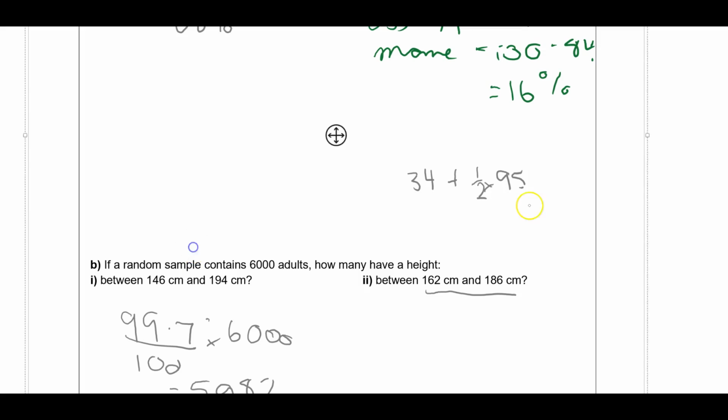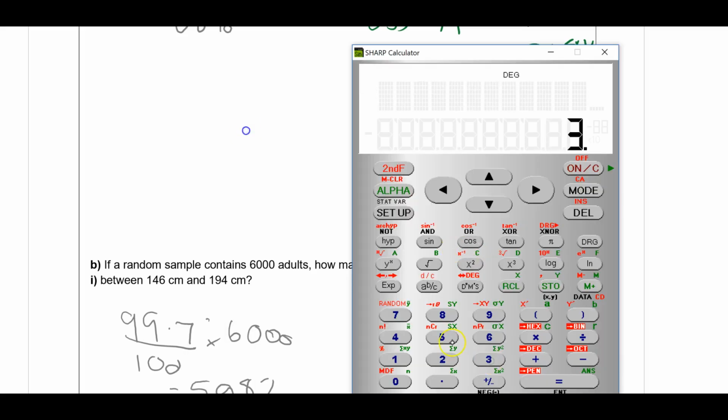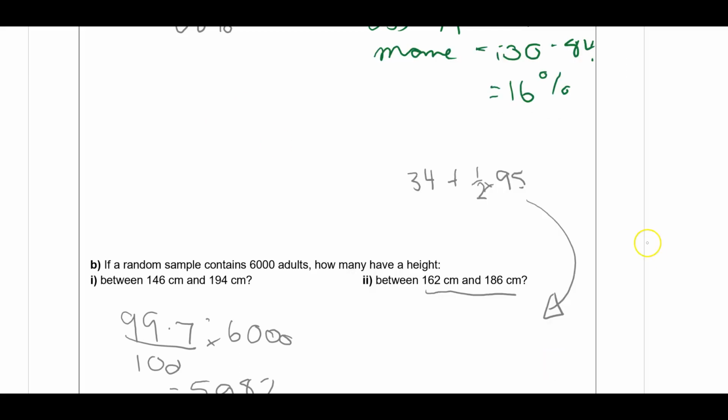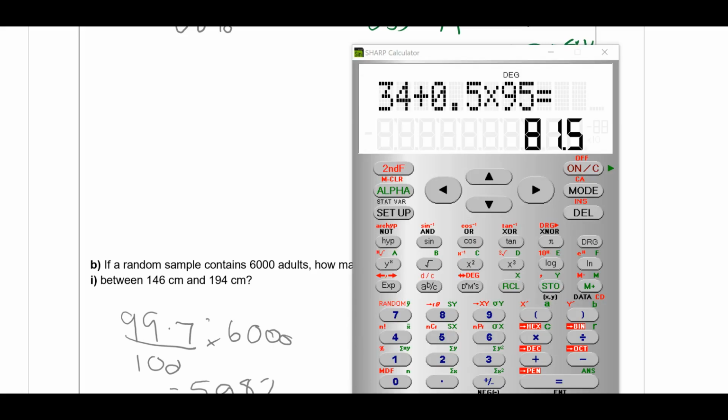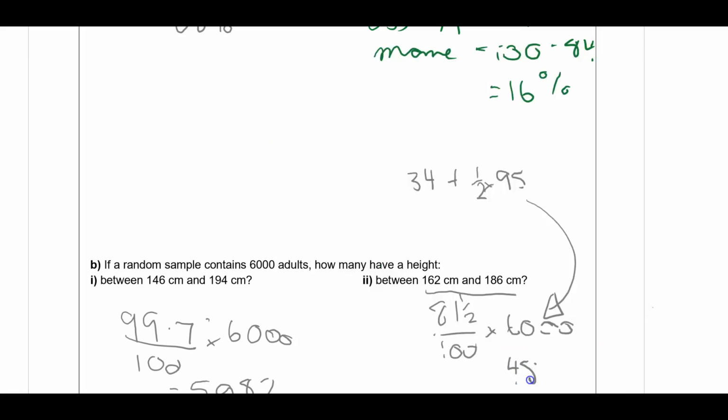So the percentage that I've got here is 34 plus half of 95, 81.5% of 6,000, which is 4,890.